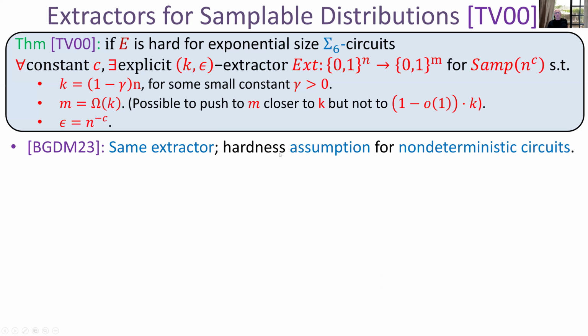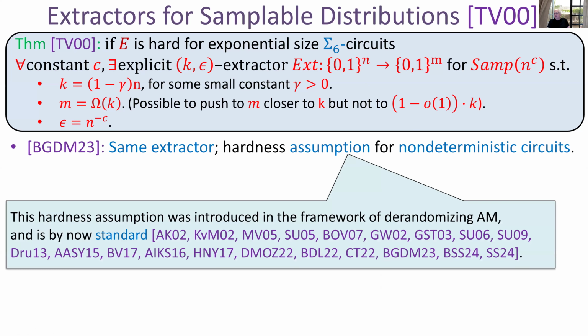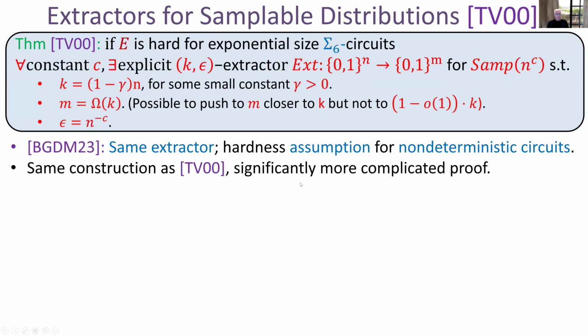More precisely, rather than assuming a hardness assumption against Sigma_i circuits, they assume the hardness assumption against non-deterministic circuits. So not the same assumption as in Impagliazzo and Wigderson, but an assumption which is by now considered quite standard. It's been used in many contexts and by many works. So this is a big and important improvement, but we still got exactly the same result.